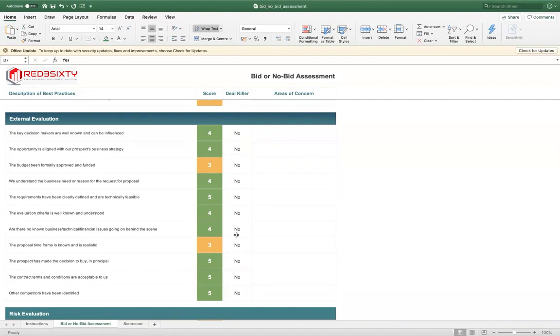The prospect has made the decision to buy in principle. Other competitors have been identified. So again, the budget being formally approved and funded would be a deal killer if it's not. If we are not able to score this high, I would see that as a deal killer.